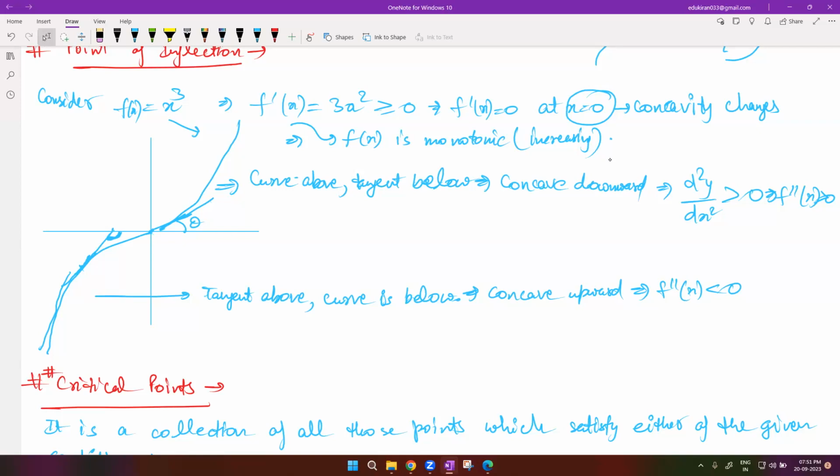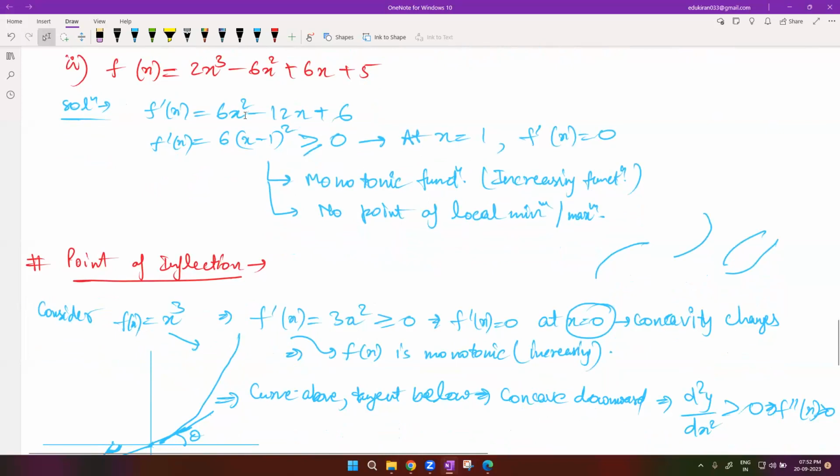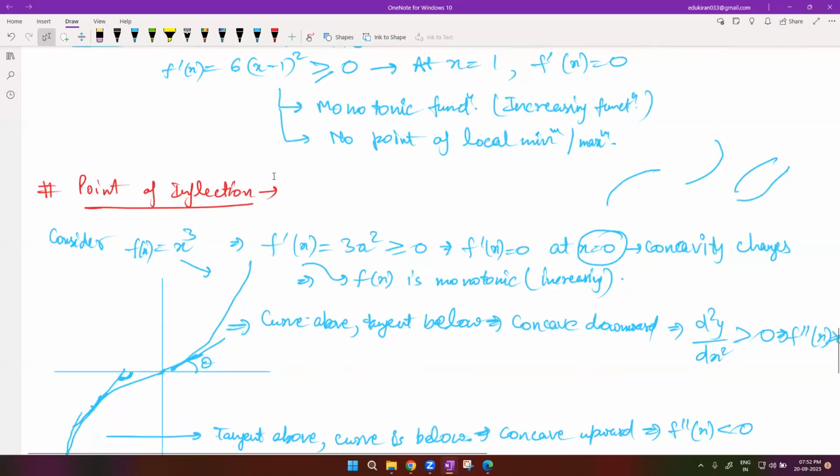But in these cases, the sign of f dash x won't change. Your f dash x would be 0, but the sign of f dash x won't change, as you have observed in this second example. So these points are known as points of inflection.